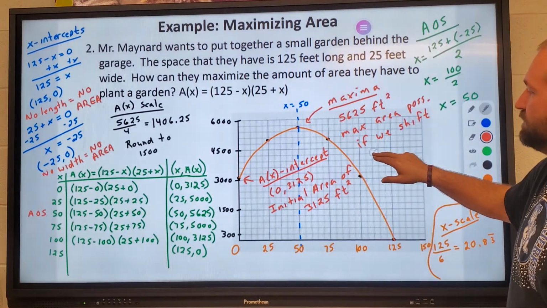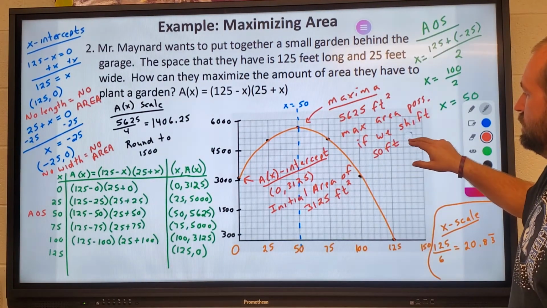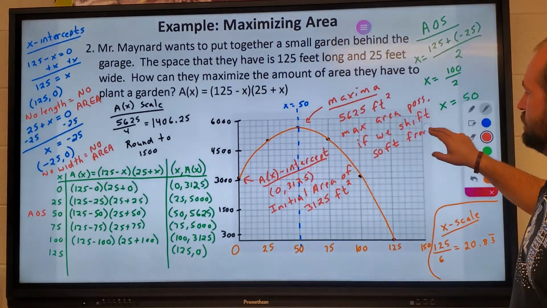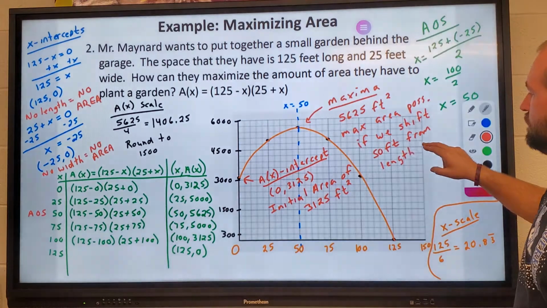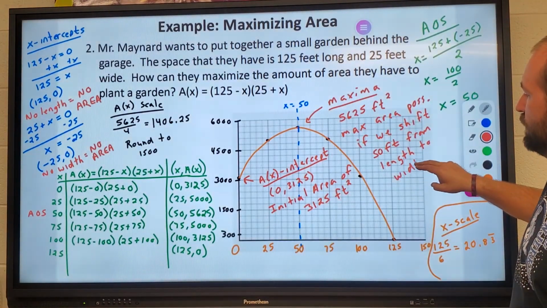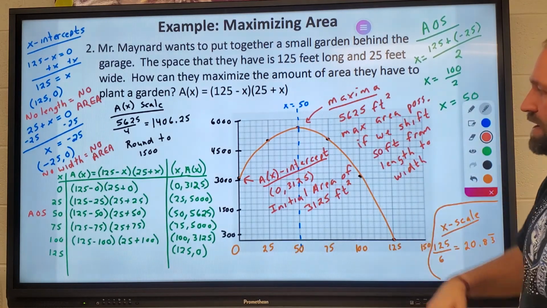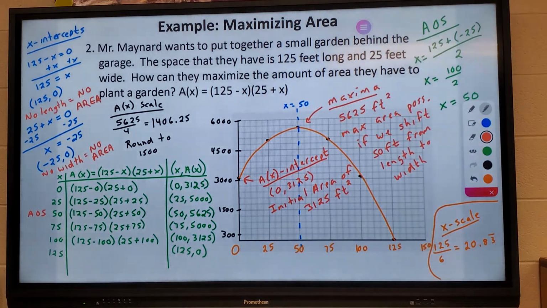If we shift 50 feet from the length to the width, and that would make it a square in shape. That would be 75 feet by 75 feet, and that would give me the largest amount of area possible for my garden.